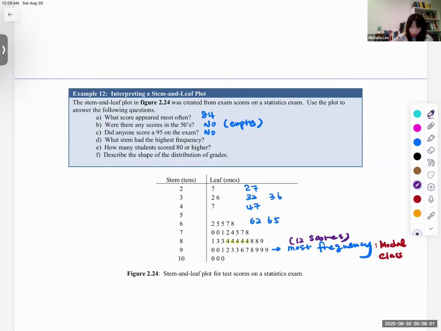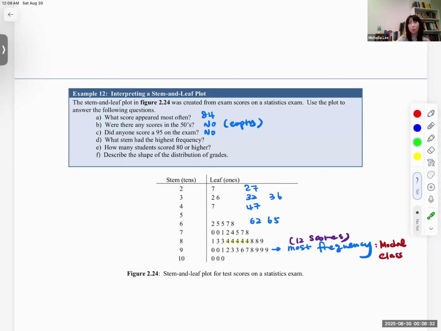Okay. How many students scored 80 or higher? Ooh, we have to count 80 or higher. 1, 2, 3, 4, 5, 6, 7, 8, 9, 10, 11 there. And then we have 12 there. Okay, hold on one second.